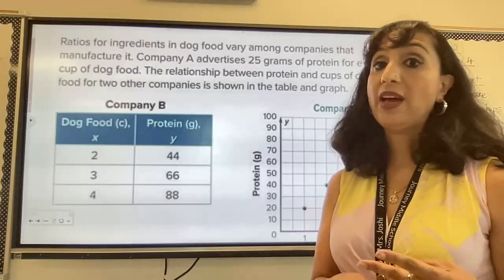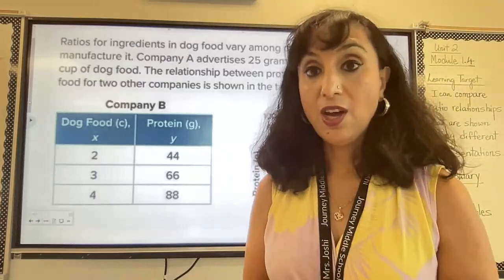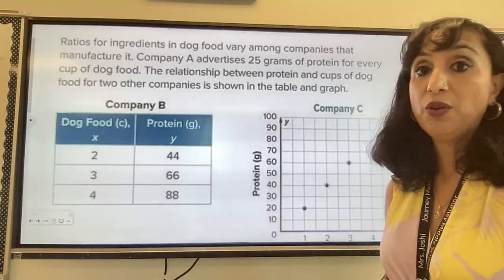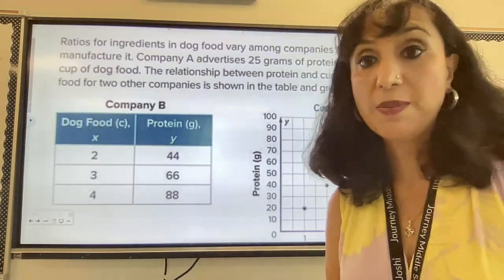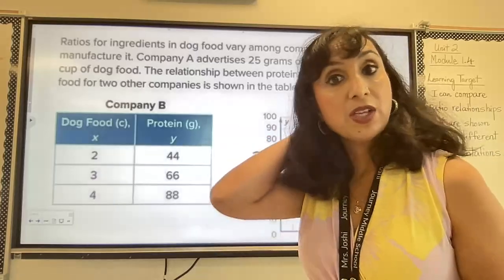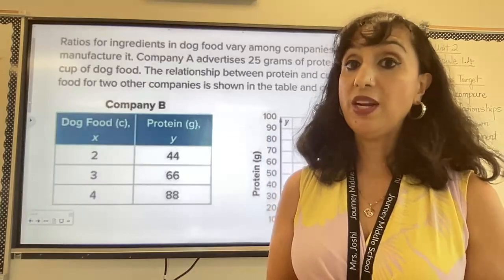So if I'm looking at that, I know for company A, what would my ordered pairs be? So for one cup of dog food, I'm going to have 25 grams of protein. So for 2 cups of dog food, so these become my ordered pair. Okay, so for company A, I have (2, 50).